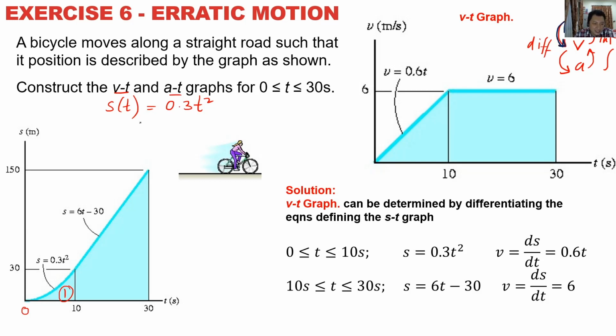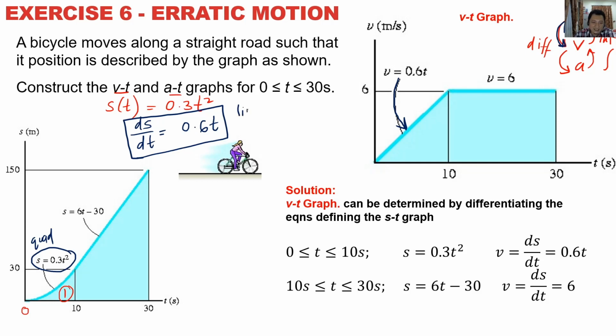So ds over dt equals 0.6t. So this is the new graph. You plot 0.6t into a new graph. Obviously, the original equation is quadratic, and now it has become linear.